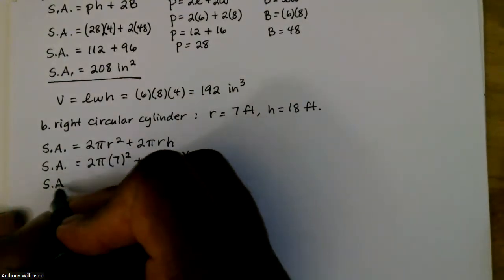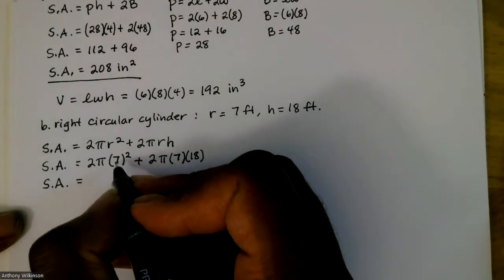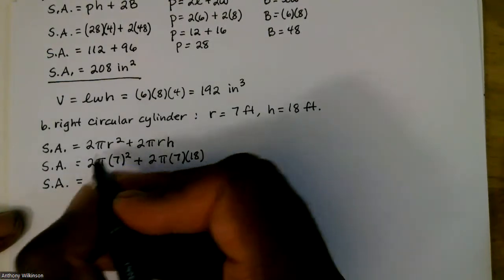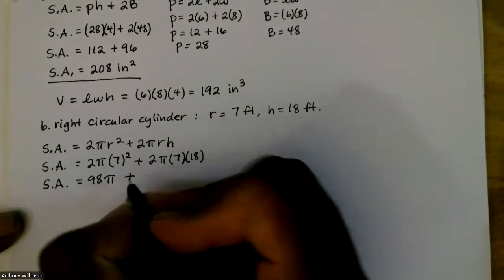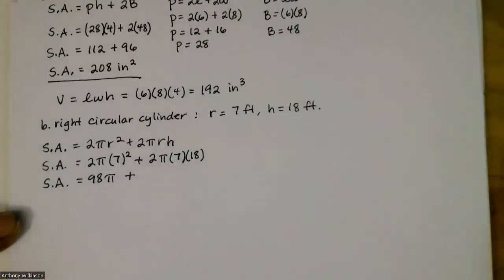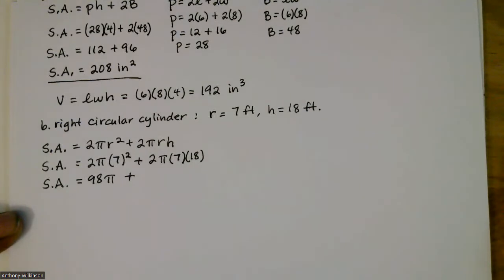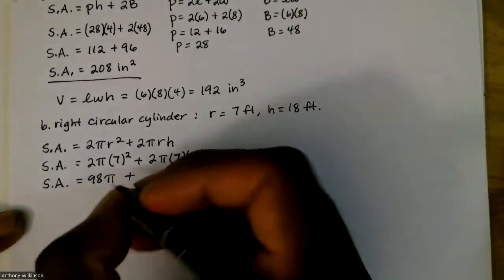So surface area there will be 7 squared is 49. 49 times 2 is 98. So I have 98 pi plus 2 times 7 times 18. That will give me 252 pi.